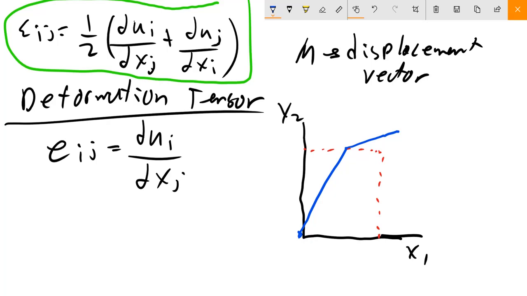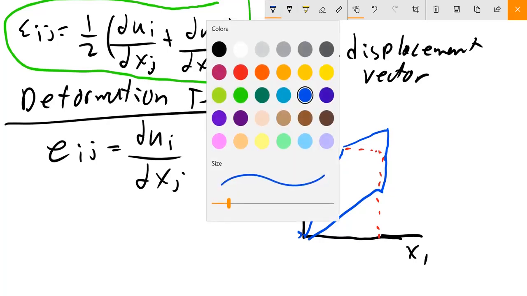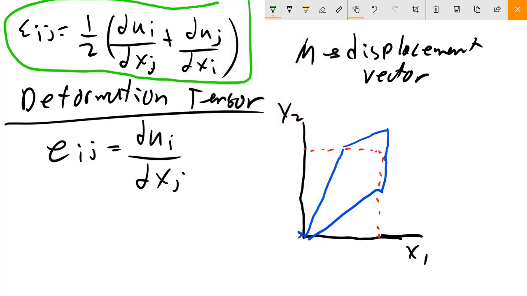So this down, sheared, sorry, I'm going to do a little bit shallower. Again, not drawn to scale, but just exaggerated so you can see these dimensions. So there's going to be some displacement, some deformation E12, and some deformation E21.